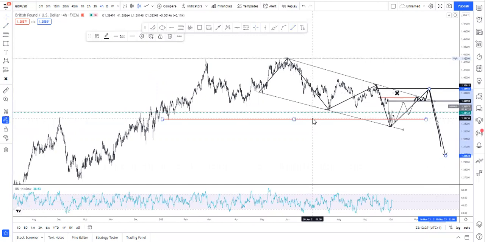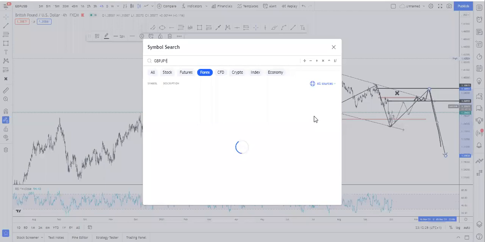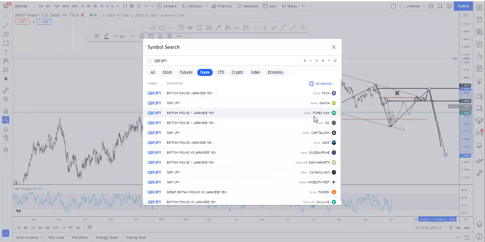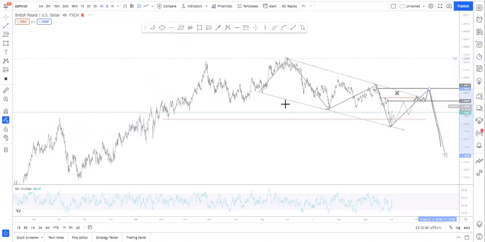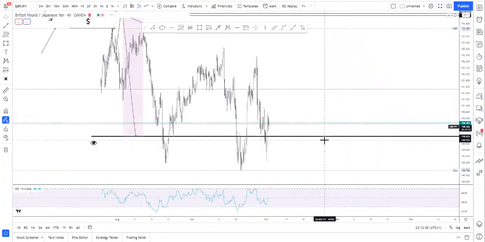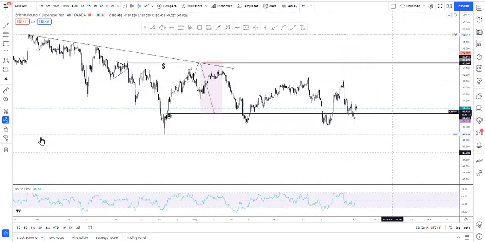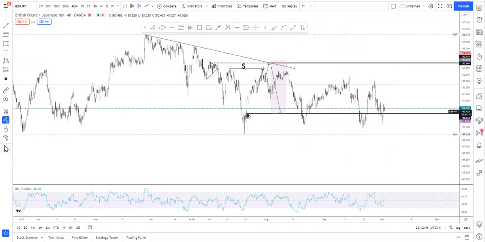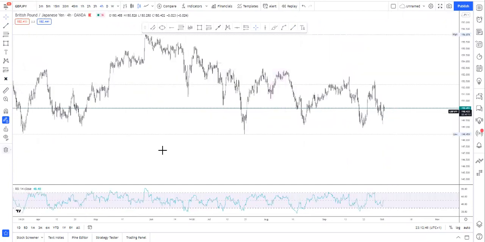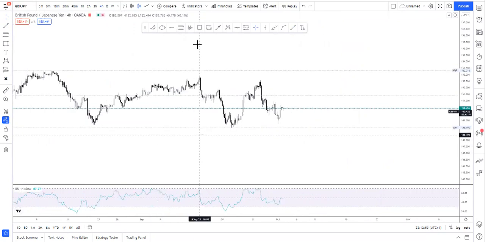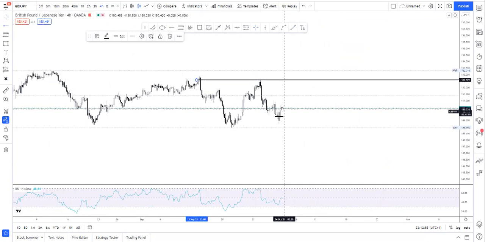So for GBP JPY, which is one of the favorite pairs I'm looking out for this week, we saw how price sniped this entry last week and dropped, and now you're seeing a move.